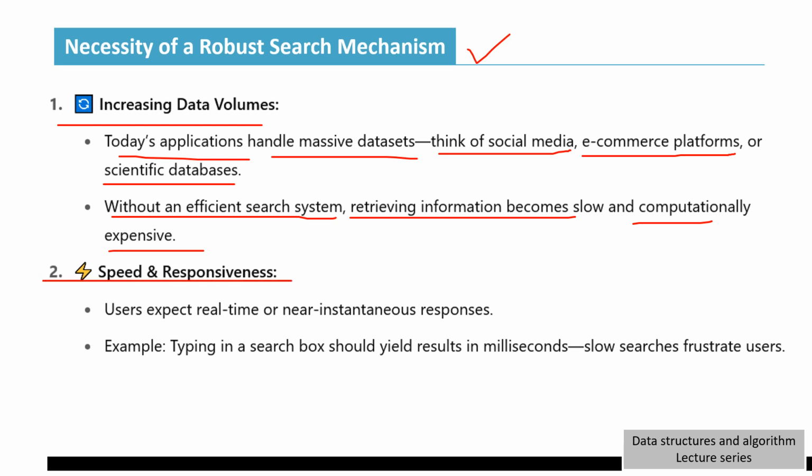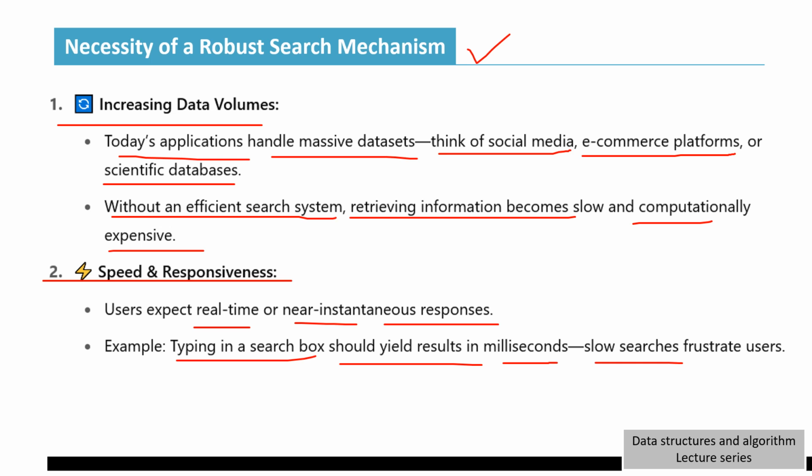Second point is speed and responsiveness. Users expect real-time or near instantaneous responses. For example, typing in a search box should yield results in milliseconds. Slow searches frustrate users. Everyone has used the Google search bar.